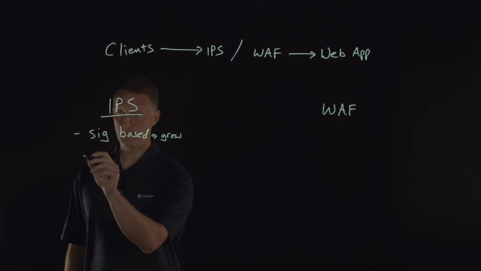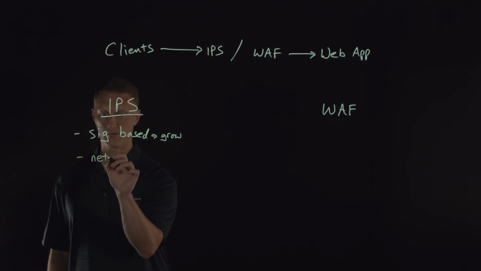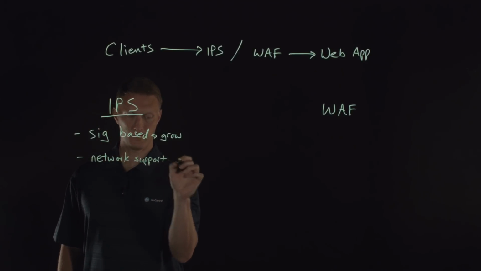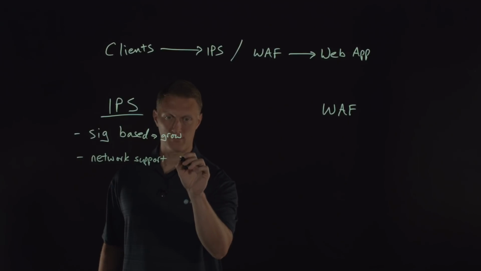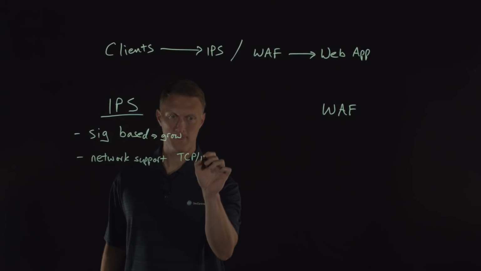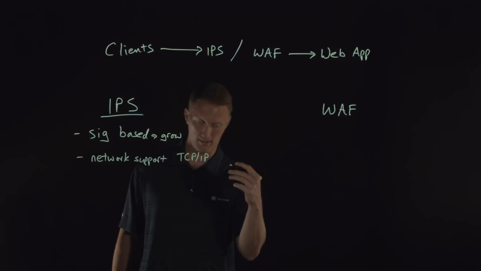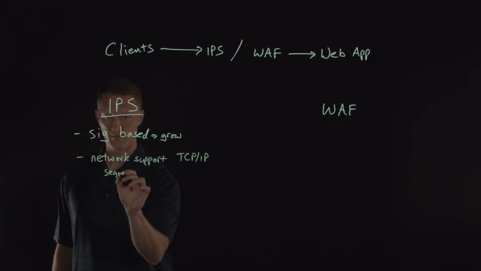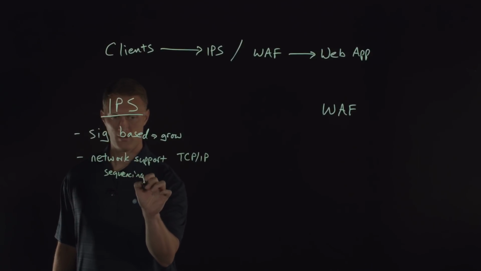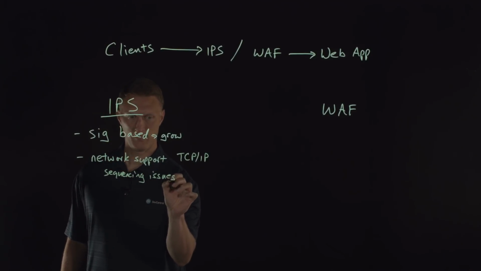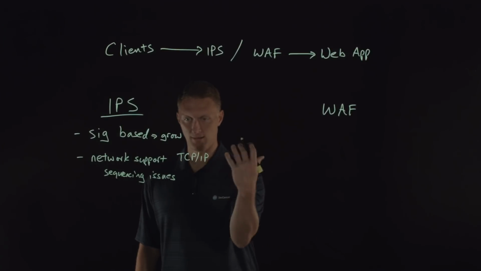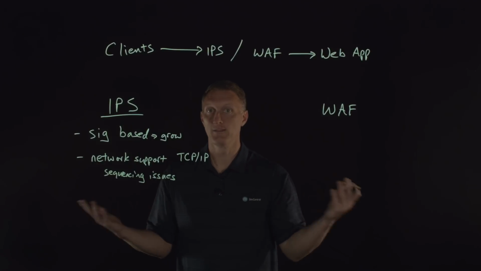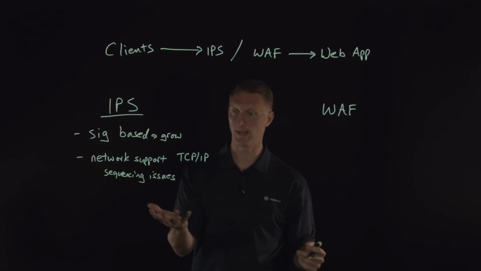It's going to provide network support around TCP/IP. It's going to be able to check for sequencing issues, where, let's say with TCP or IP, things come in not the way they're supposed to, and it's going to look for problems like that.